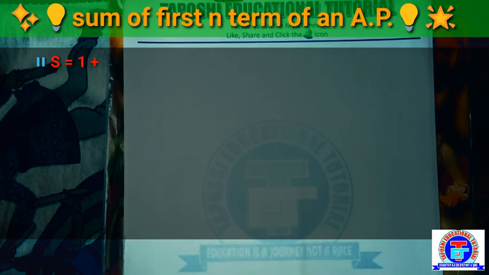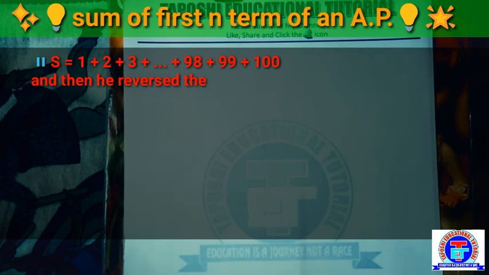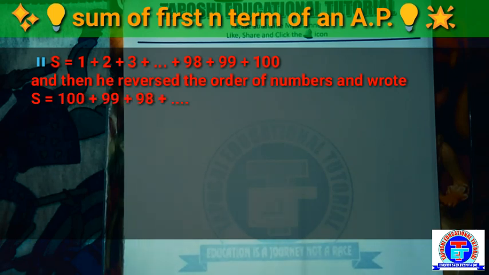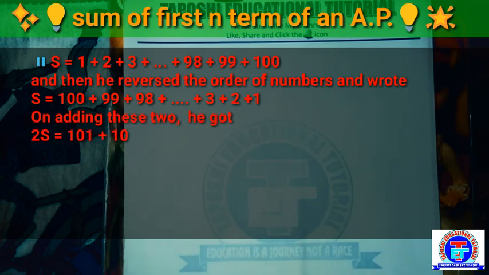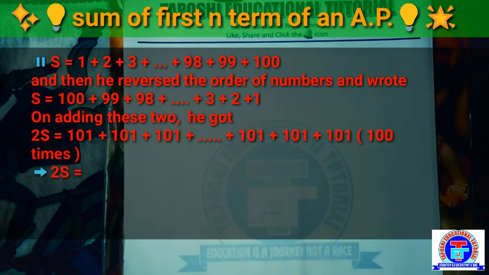He wrote S is equal to 1 plus 2 plus 3 plus dot dot dot plus 98 plus 99 plus 100, and then he reversed the order of numbers and wrote S is equal to 100 plus 99 plus 98 plus dot dot dot plus 3 plus 2 plus 1.